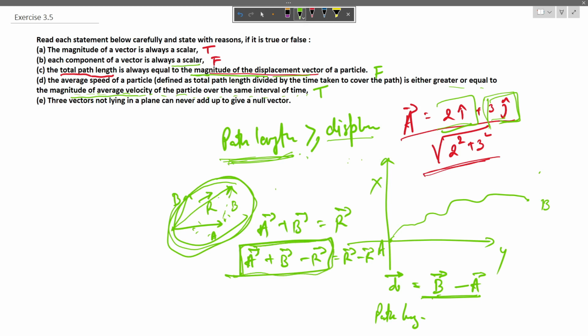For this to be valid, all three vectors must be in the same plane. That's how the triangle law makes them 0. So the statement that three vectors not lying in a plane can never add up to give a null vector is correct, because if they are not lying in the same plane, they can never add up to 0. So this is a true statement.